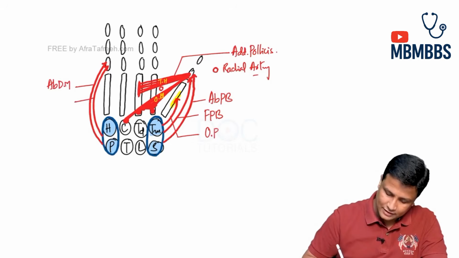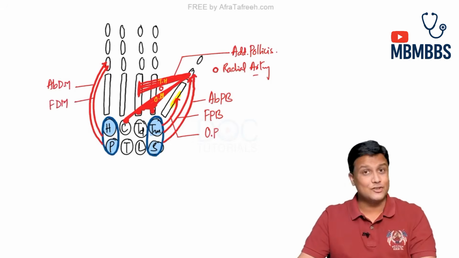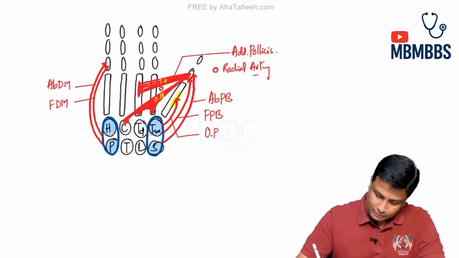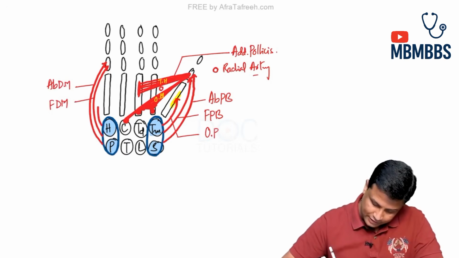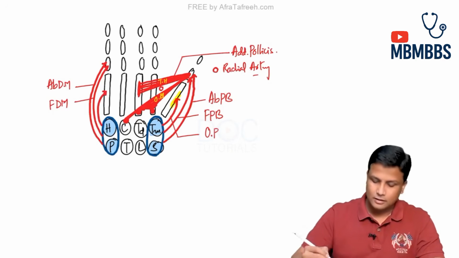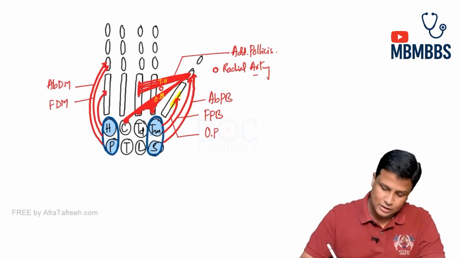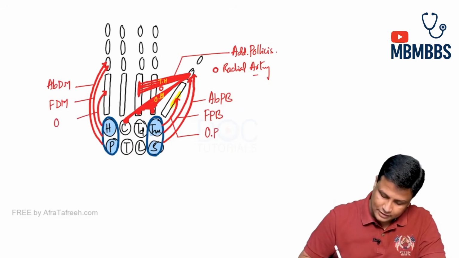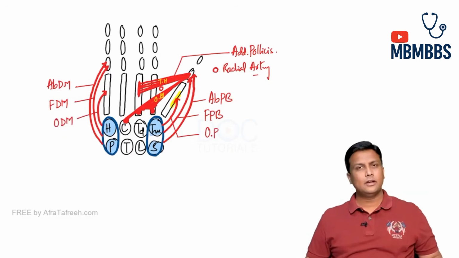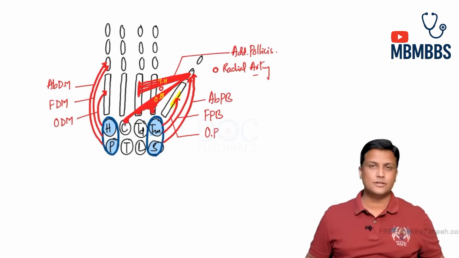The one which is just inside that will be the flexor digiti minimi. And then there is one more muscle, but that muscle is going and getting inserted onto this metacarpal. And this one will be the opponens. That is opponens digiti minimi. So abductor digiti minimi, flexor digiti minimi, and opponens digiti minimi.